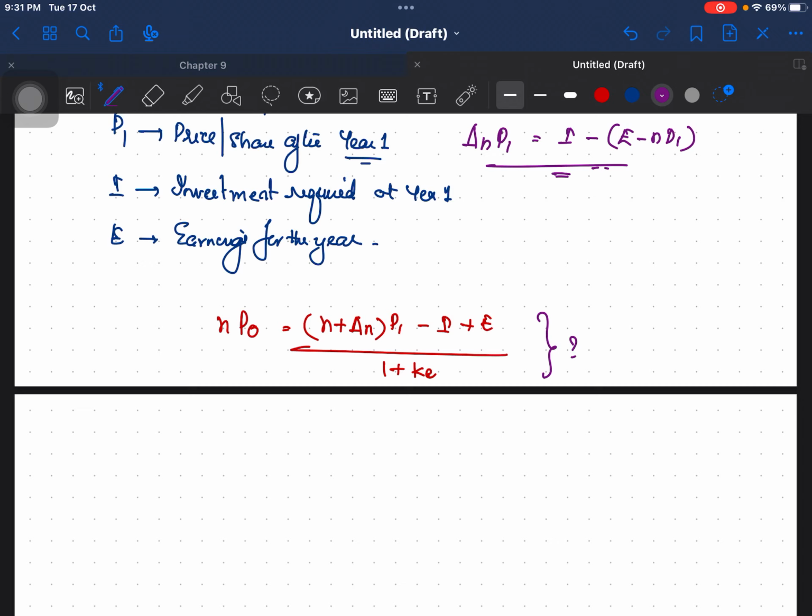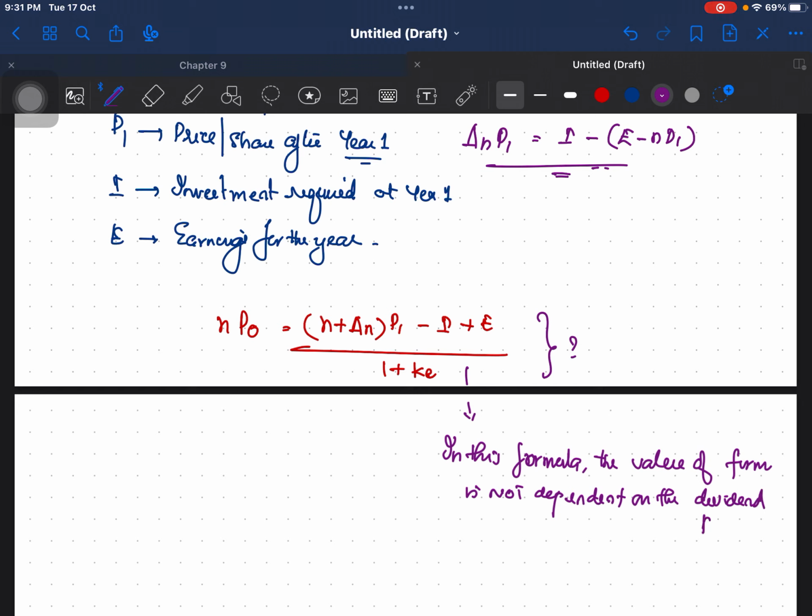The answer is, if you see this formula, in none of it is there any mention of dividend payout. So in this formula, the value of the firm is not dependent on the dividend paid.